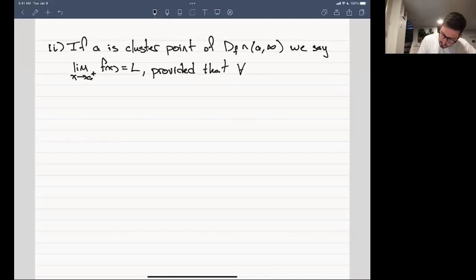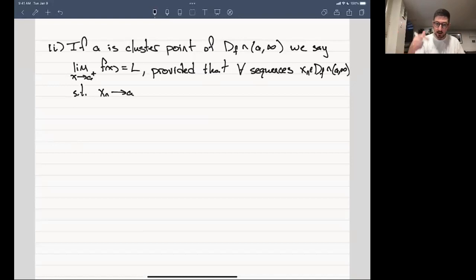for all sequences xn in the domain of f intersected with a to infinity, such that xn is approaching a. So you're approaching a from the right-hand side now.